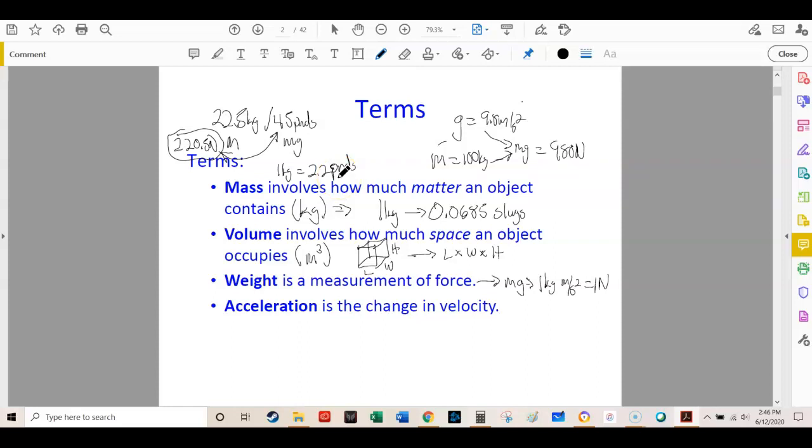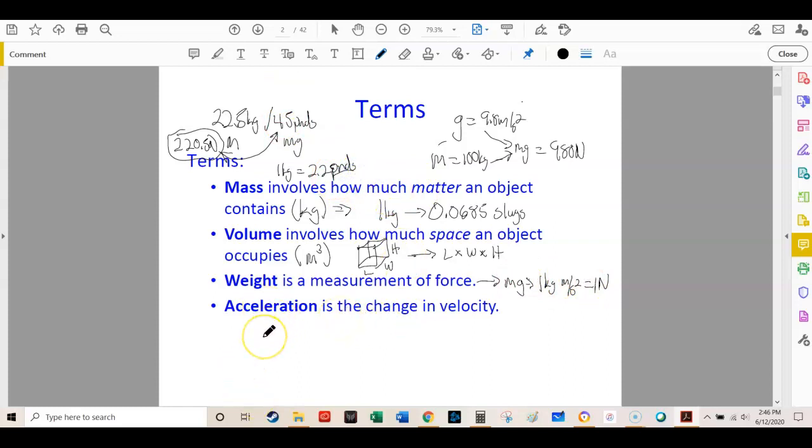So it can get a little confusing when they're talking about weight, because we've all seen this relationship of kilograms to pounds, but really it should be newtons to pounds. But in this class, we're just going to keep everything in newtons, okay? So, again, the SI units, not the imperial units. Imperial units is pounds.